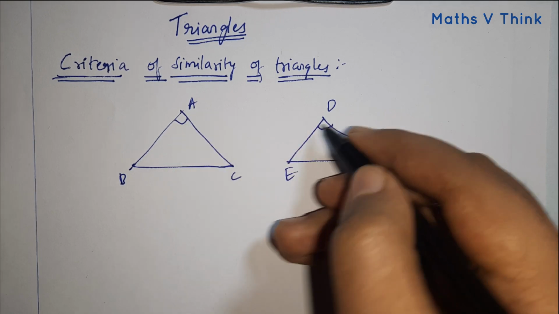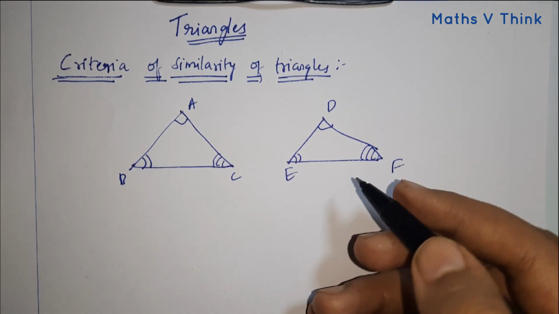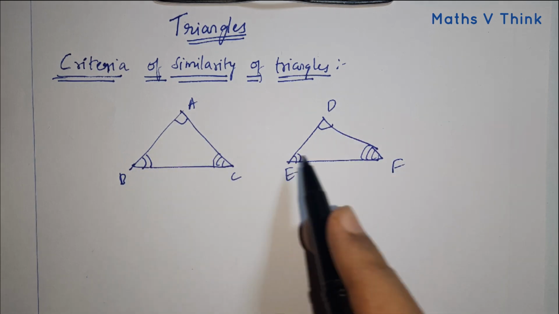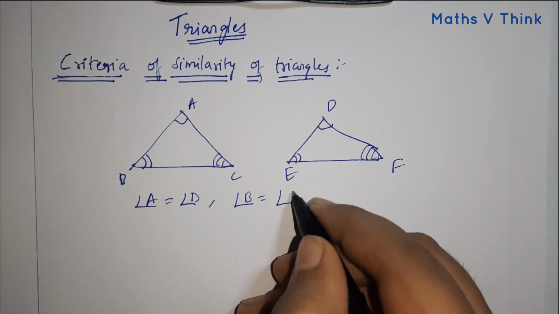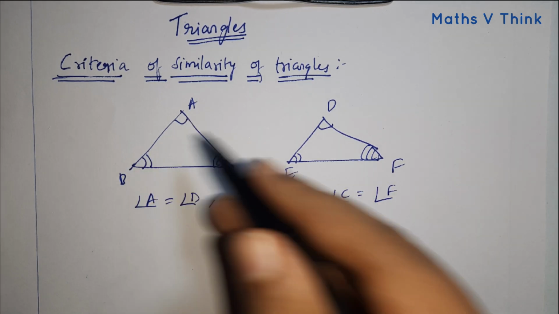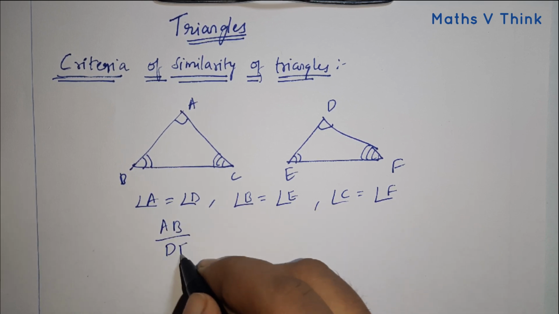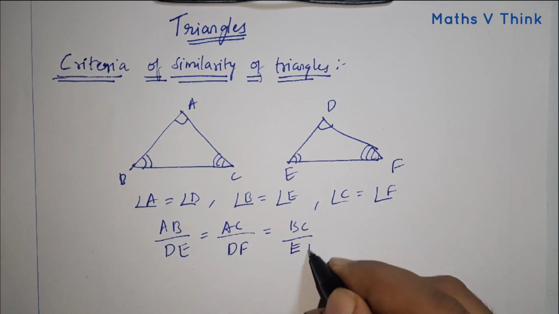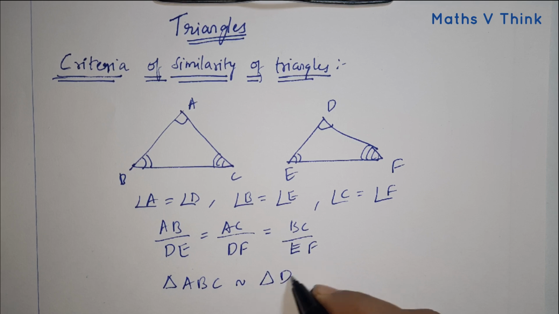So angle A is equal to D, B is equal to E, same way C is equal to F. I have already discussed that when in two triangles all the corresponding angles are equal, that is, if angle A is equal to angle D, angle B is equal to angle E, angle C is equal to angle F, and if all the corresponding sides are in the same ratio, that is, AB by DE is equal to AC by DF is equal to BC by EF, then I can tell that triangle ABC is similar to triangle DEF.